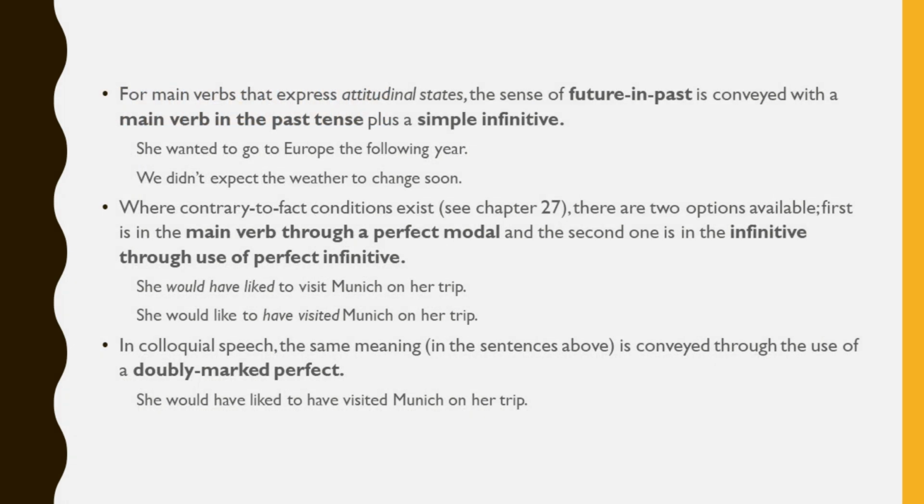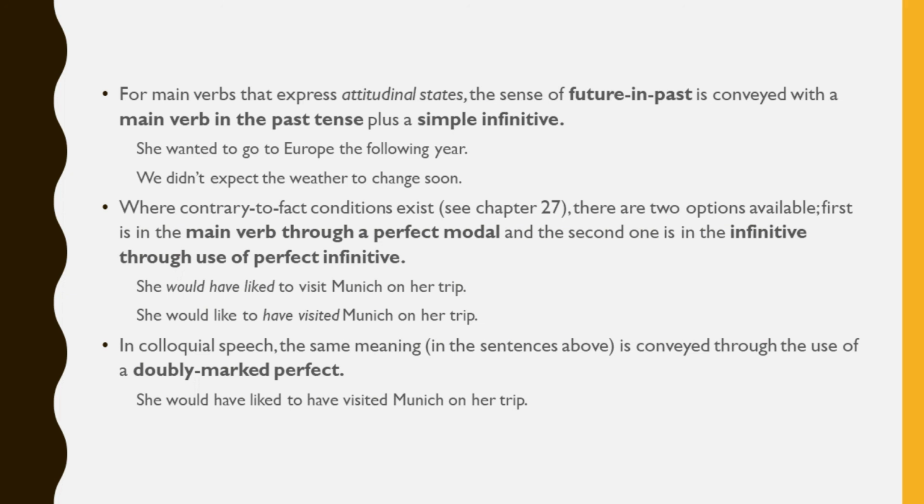For main verbs that express attitudinal states, the sense of future in past is conveyed with a main verb in the past tense plus a simple infinitive. By the way, when we say future in past, it is used to express the idea that in the past you thought something would happen in the future. So for example, she wanted to go to Europe the following year. We didn't expect the weather to change soon.